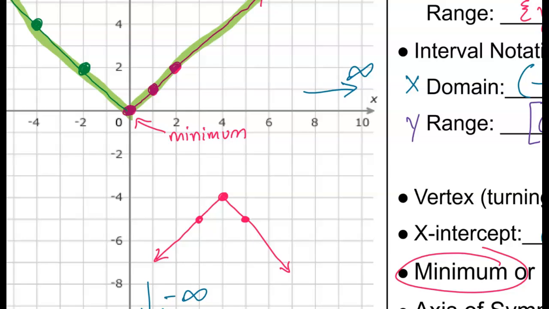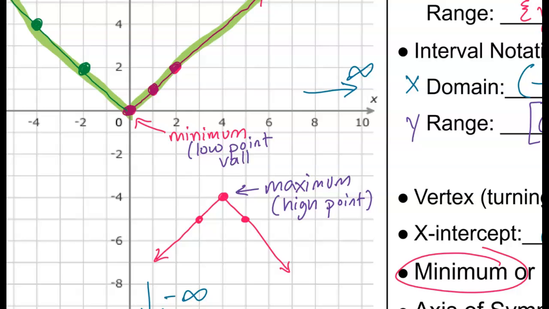Whenever it looks like we have a peak of a mountain, that is a maximum, the highest point. So a minimum gives us a low point. You can think of a valley. Maximum gives us a high point. You can think of a mountain.